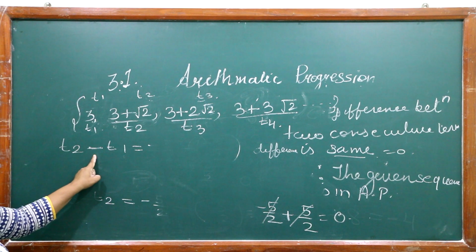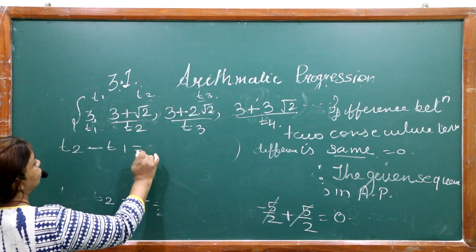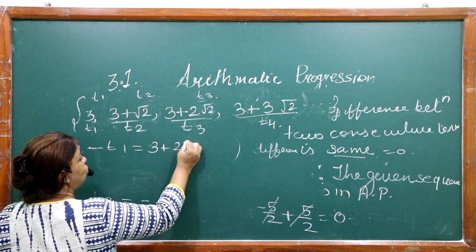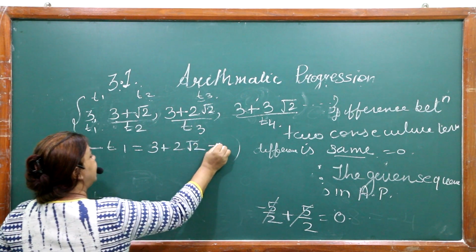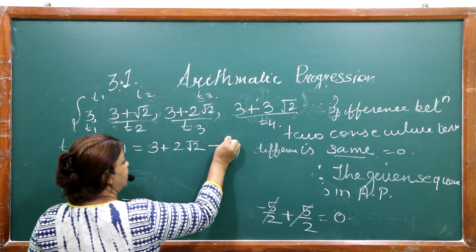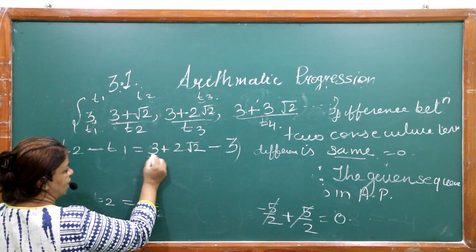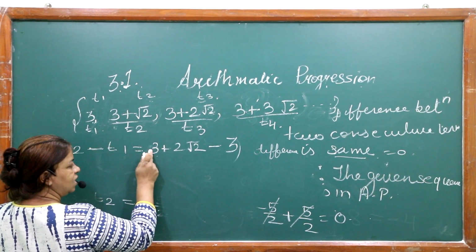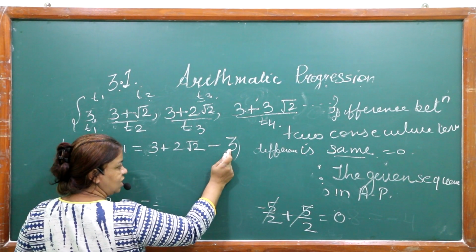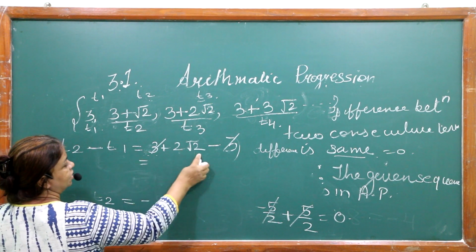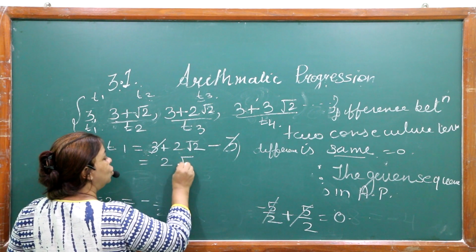So T2 minus T1. What is T2? 3 plus root 2, minus T1. T1 is 3. So this is minus 3. The sign of 3 is plus and the sign of 3 is minus. So they cancel each other and you get 2 root 2.